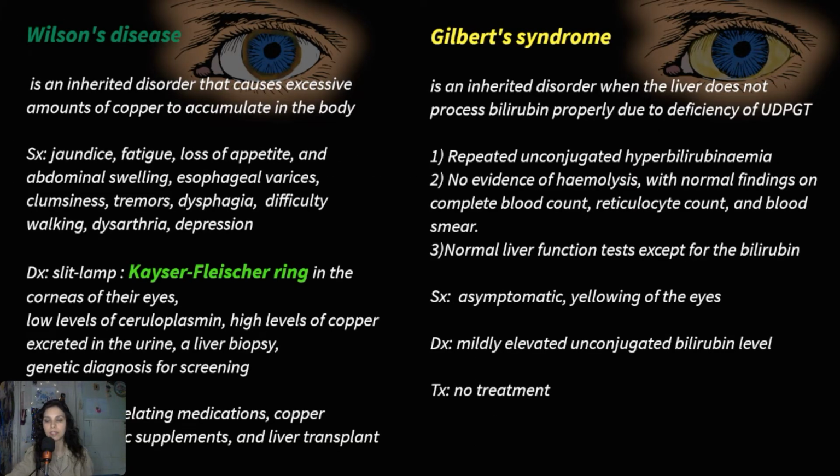Next, two diseases: Wilson disease and Gilbert syndrome. Both of them are genetic disorders, and they present clinically in teenage years or early 20s.